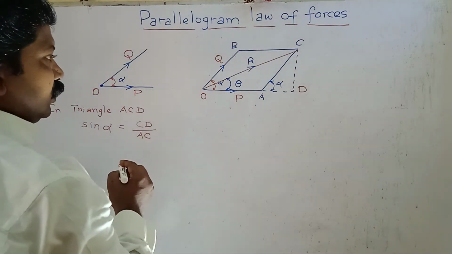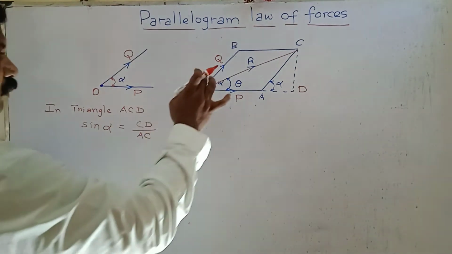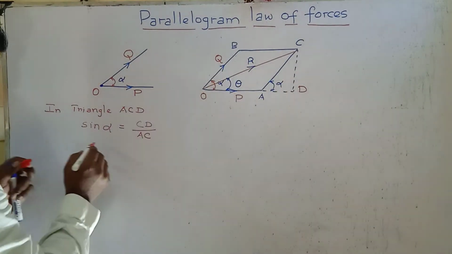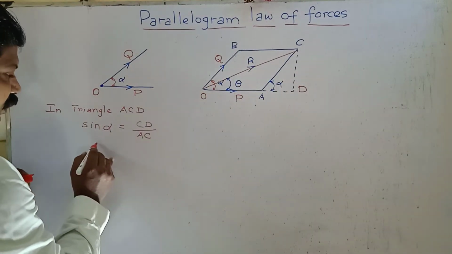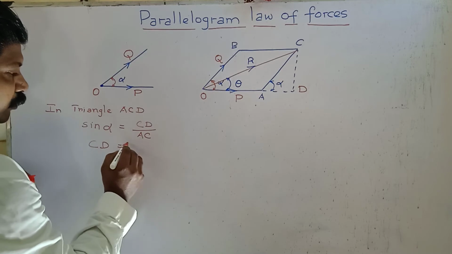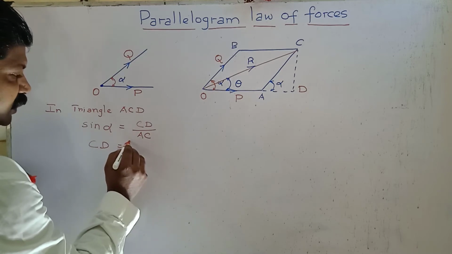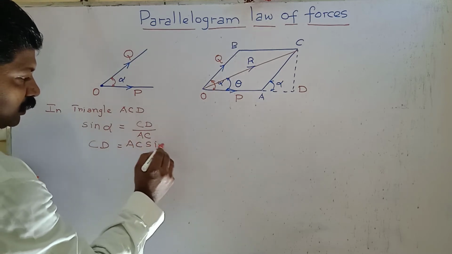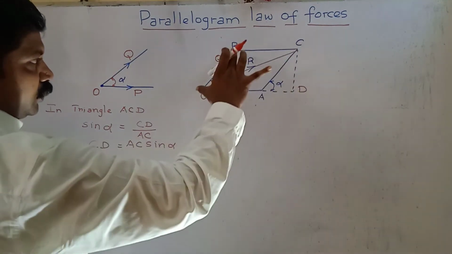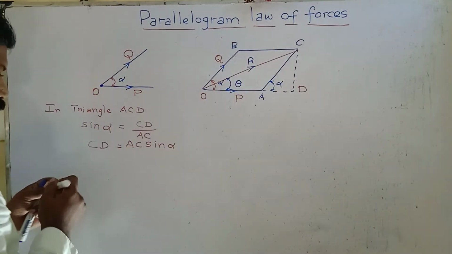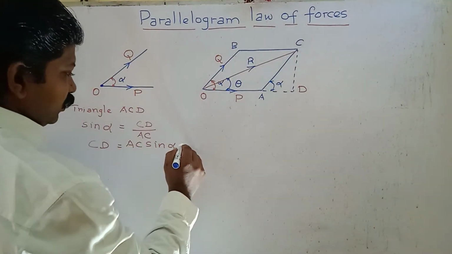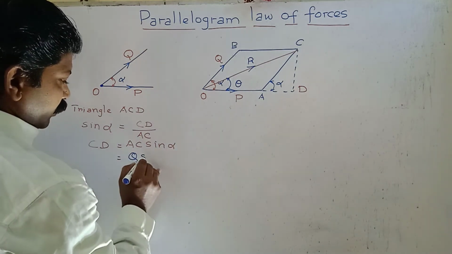So CD equals AC sin alpha. AC equals Q, so CD equals Q sin alpha.